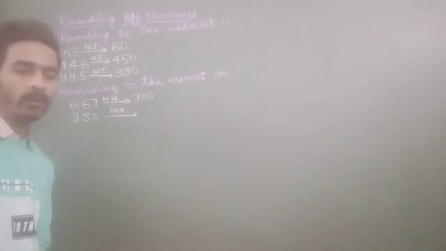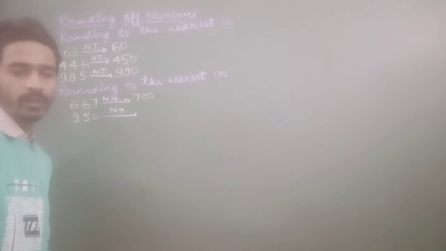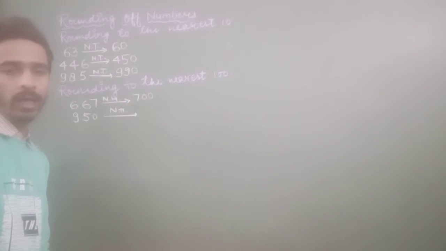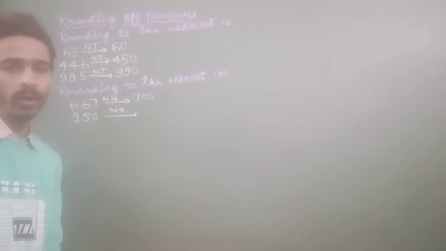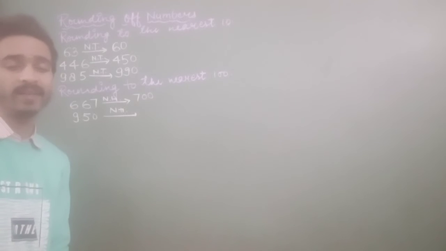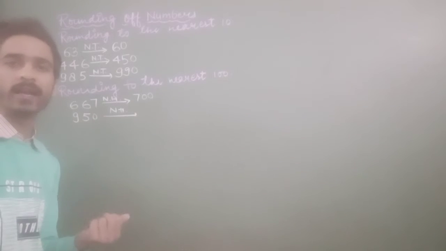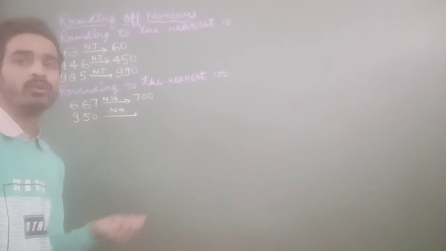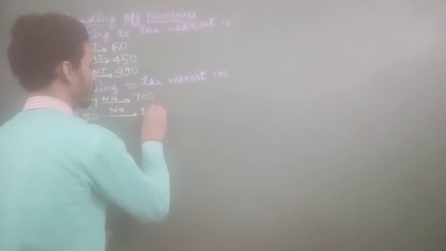So 950 rounded to the nearest hundred is 1000, because if a number is exactly between two hundreds, it is rounded up to the higher hundred. So 950 is rounded up to 1000.